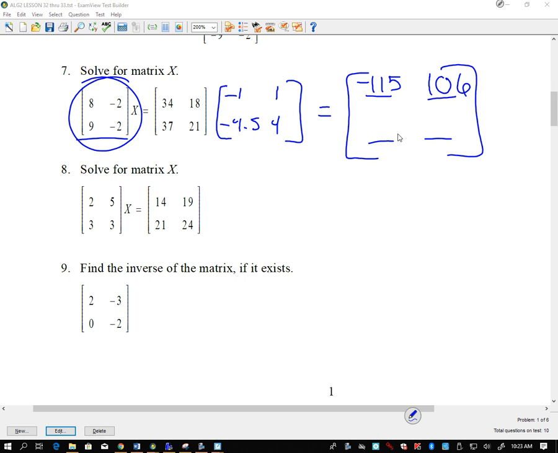So that's 37 times negative 1 plus 21 times negative 4.5. And I get negative 131.5. That's what I got. Okay? And then our last one is second row, second column. So 37 times 1 plus 21 times 4. I get 121. All right.